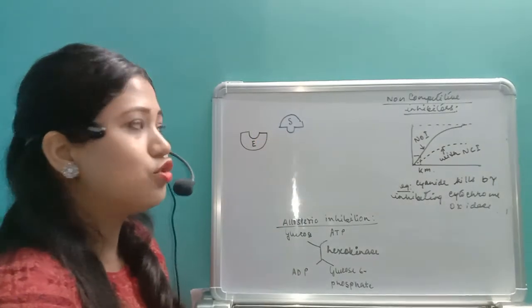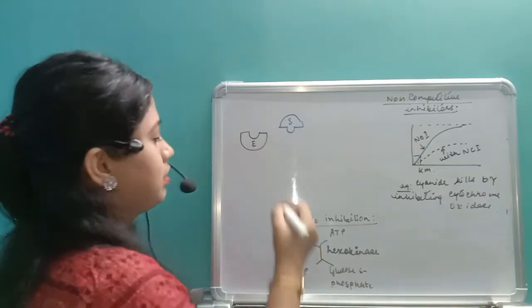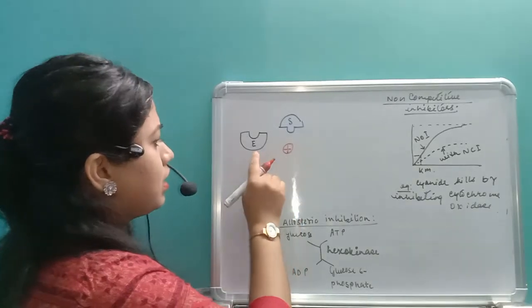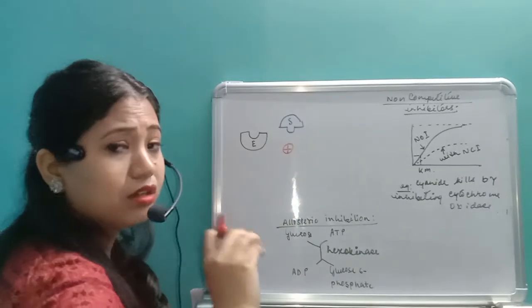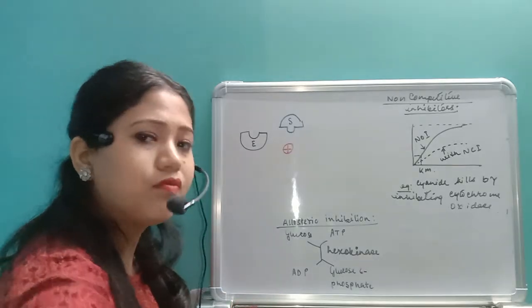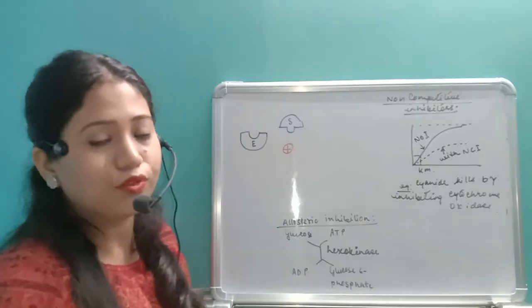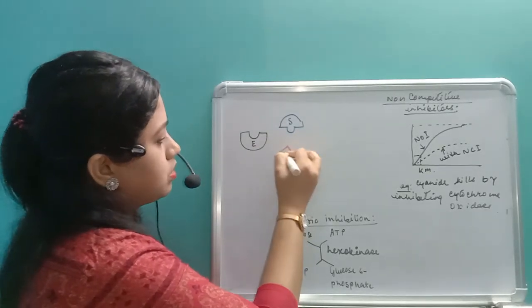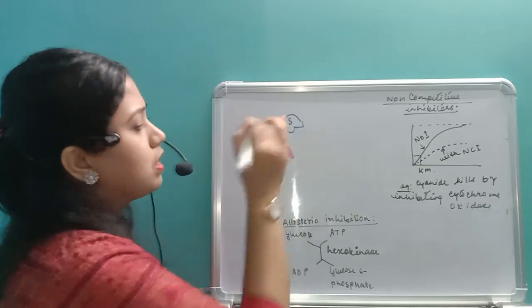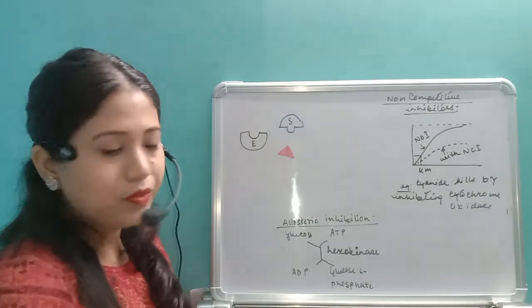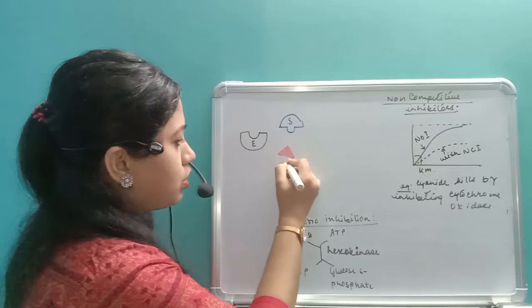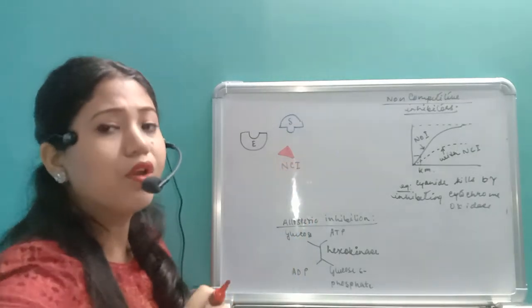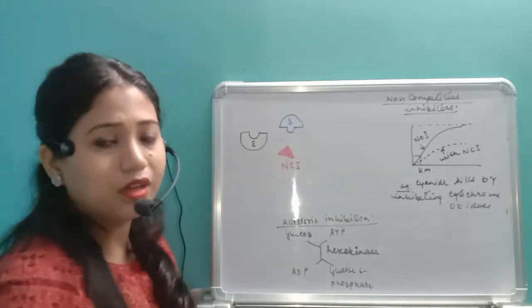Now, the non-competitive inhibitor will be completely different. Suppose this is the non-competitive inhibitor. It will not even be similar in shape to the substrate; it has a different shape. Both the substrate and the non-competitive inhibitor will not be competing for the same active site to bind with the enzyme.